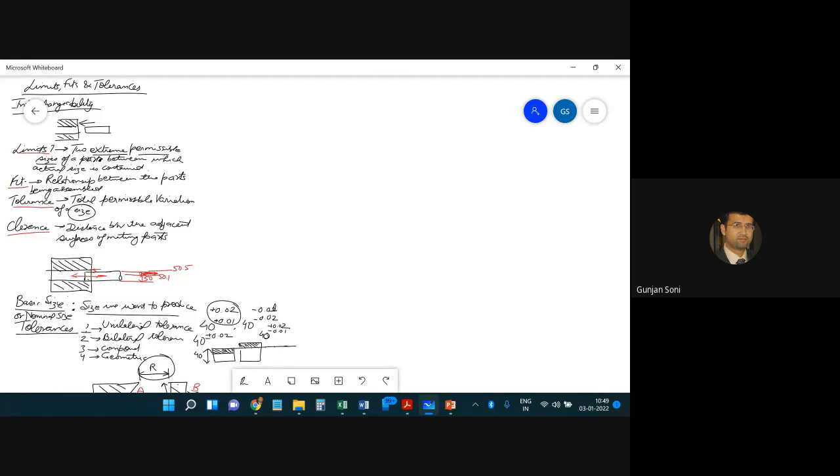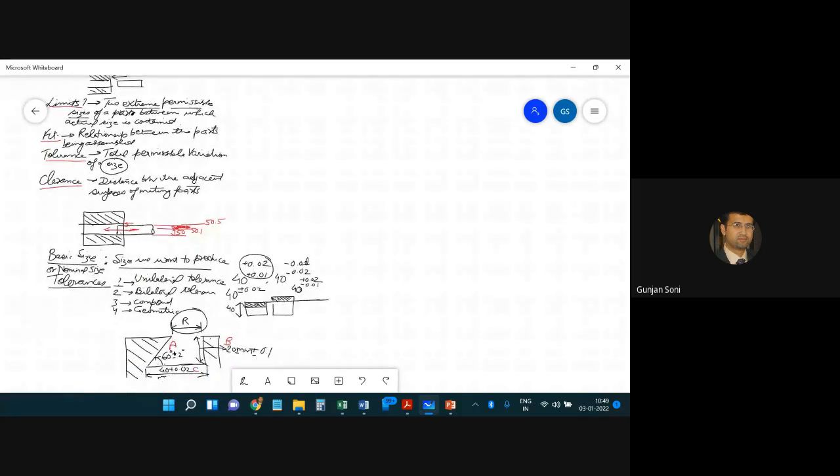Limits indicate the two extreme permissible sizes. Fit indicates the relationship between the mating parts or the parts being assembled. Tolerance indicates the total permissible variation of a size. And clearance is the distance between the adjacent surfaces of mating parts.